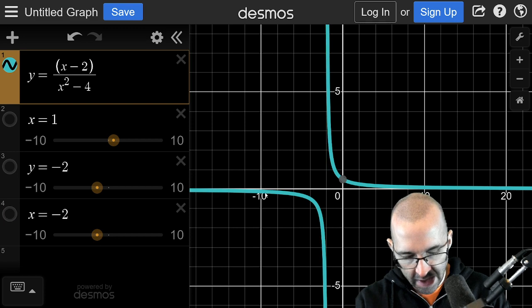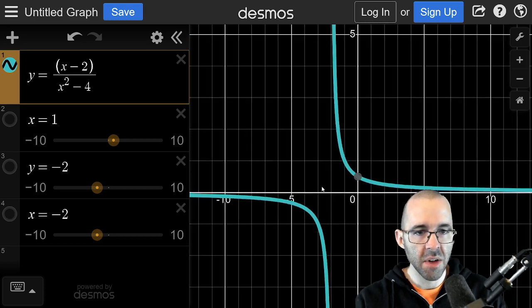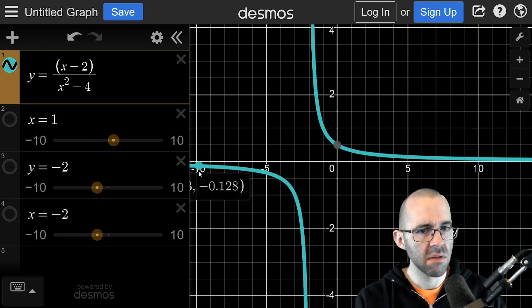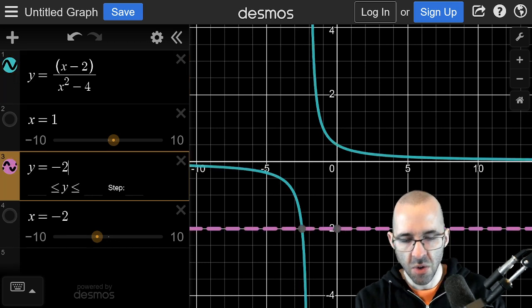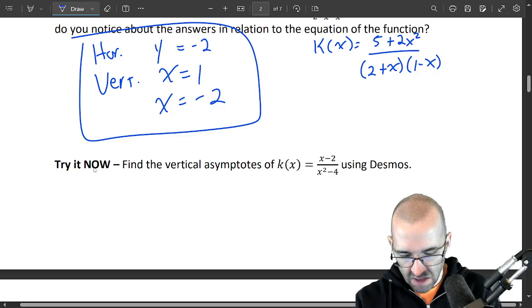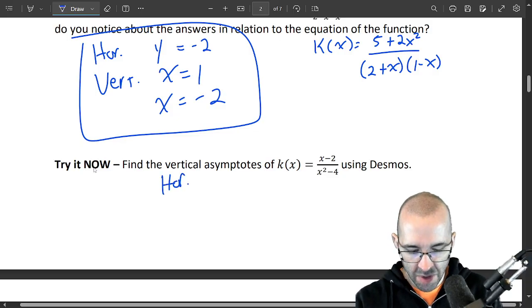All right, then what we got here, okay, looks like we got horizontal asymptotes and vertical asymptotes. Like our horizontal asymptote, this function's getting really close to 0 on either side. Yeah, it looks like we got a horizontal at y equals 0. That looks right. Again, it didn't ask for horizontal, but it's good practice.